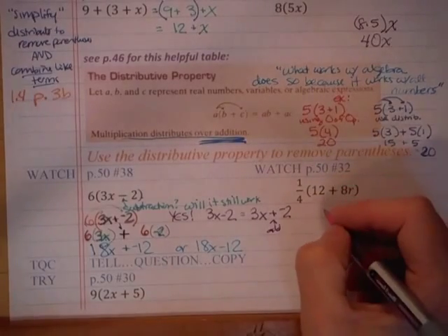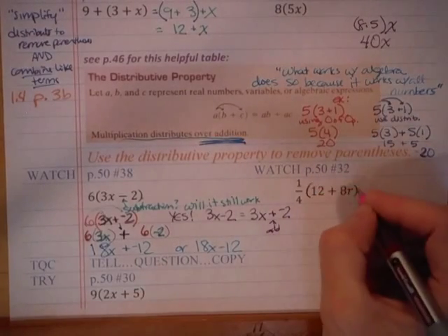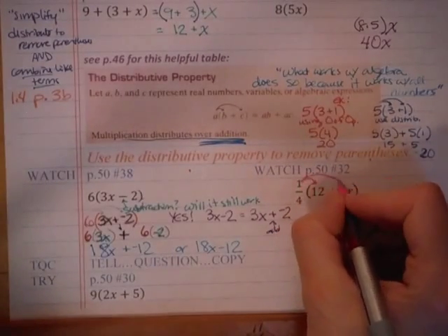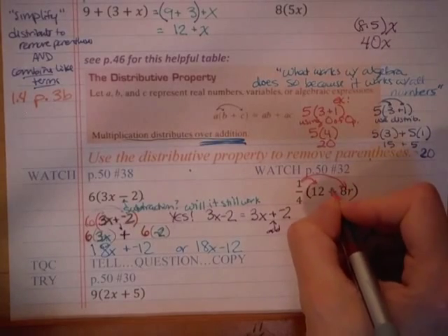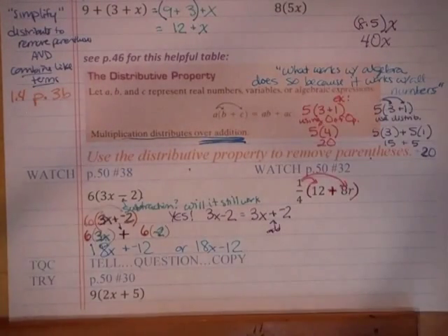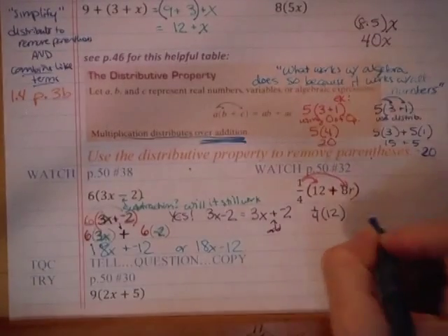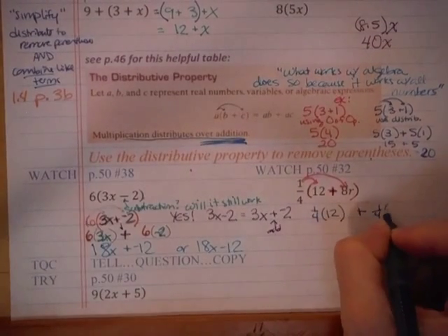Okay, so we've got 1/4 outside the parentheses. We're using the distributive property to remove those parentheses, which means that we're going to apply the multiplication to both pieces. And I've got an addition here, so I know that I'm allowed to do that. It looks like 1/4 times 12 plus 1/4 times 8r.